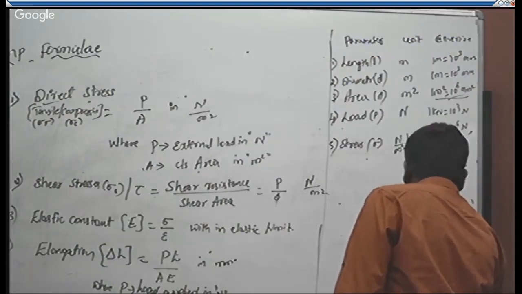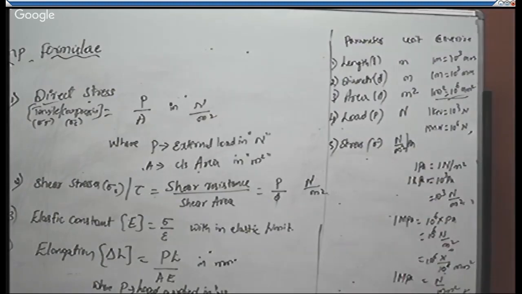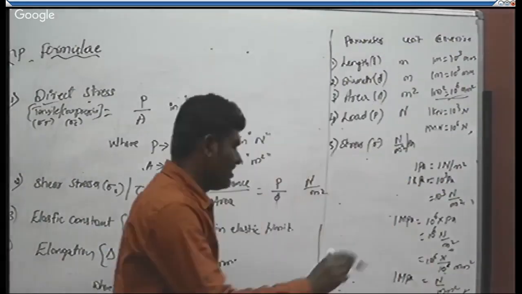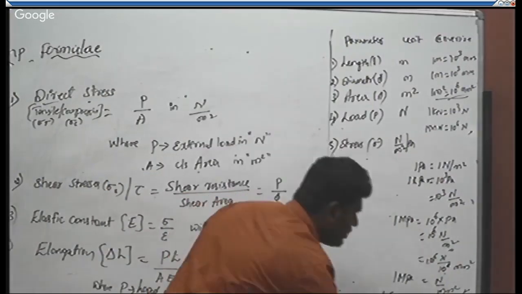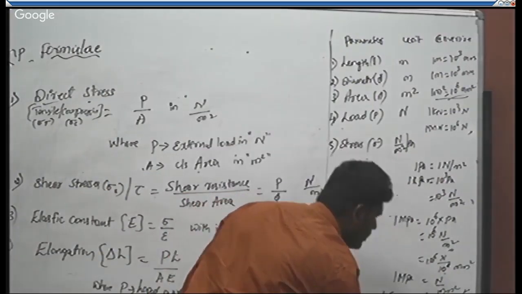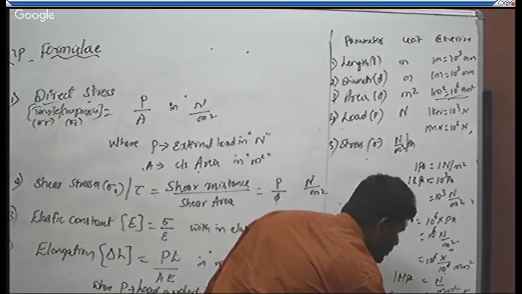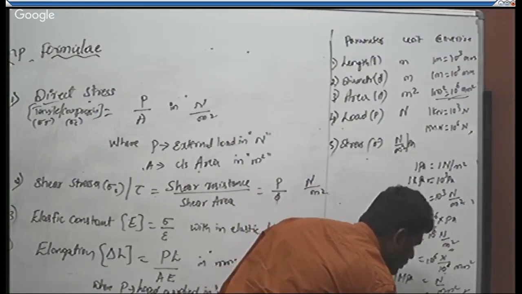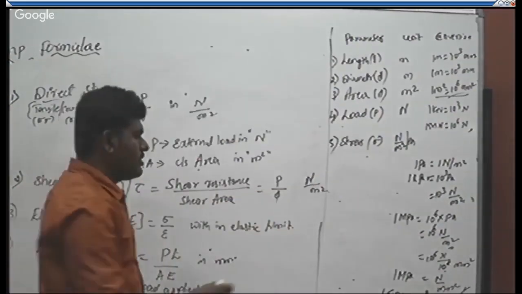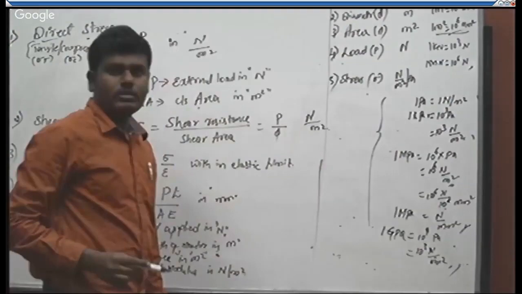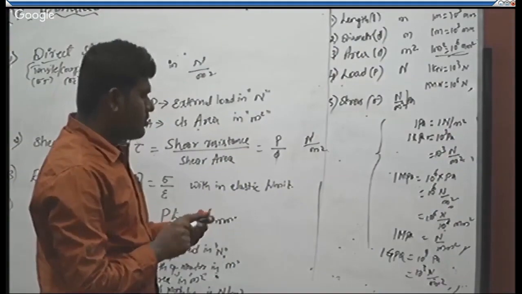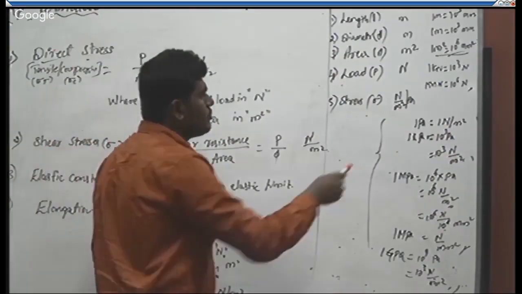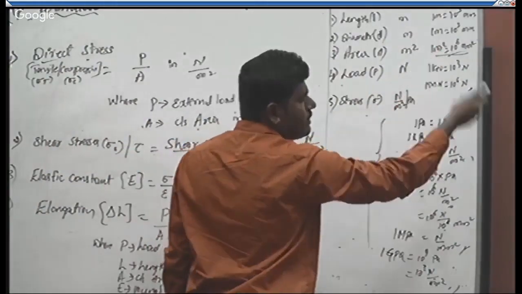That means 1 megapascal is equal to 1 Newton per mm square. Similarly, 1 gigapascal is equal to 10 power 9 Pascal, or 10 power 3 Newton per millimeter square. These are important conversions and play an important role in solving the problems without mistakes. One important suggestion: when you express the units, they have to be the same, either in meter square or in millimeter square.